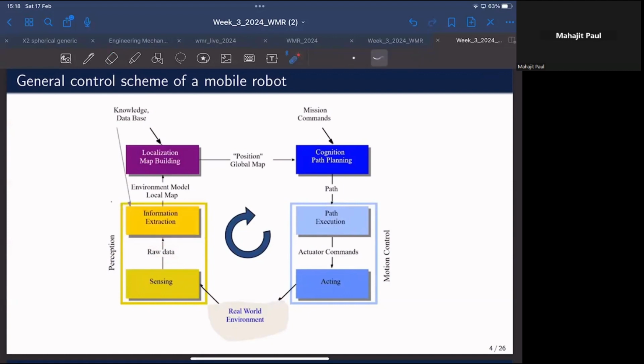From the raw data that it is getting from the sensors, it needs to extract only the relevant information through feature extraction. In most cases, the robot will be given a map of the environment where it is operating. Based on that map and the readings from the sensors, maybe from the landmarks, the robot should be able to localize itself.